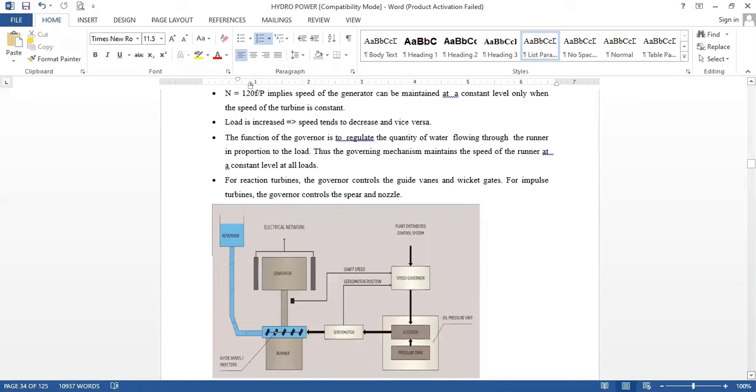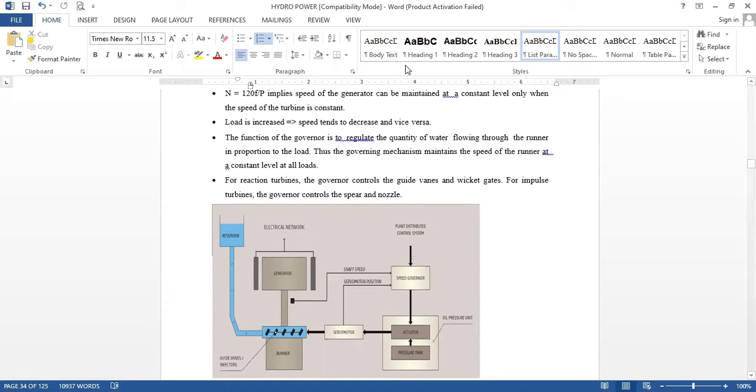So depending on the input to the turbine, the speed of the turbine is set, and depending on that, the speed of the rotor of the alternator.